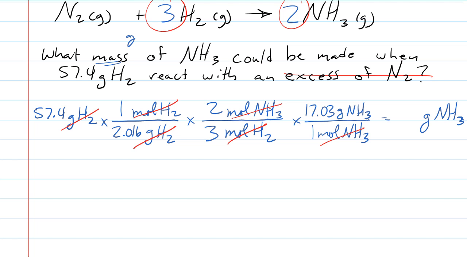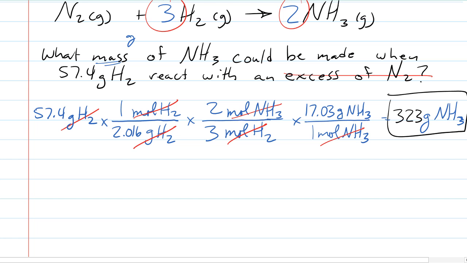If we do that, I get 323.25462963. How many significant figures should that answer have? 3. Rounding it off to 3, this answer is going to be 323 grams of NH3. Okay, 323 grams of NH3.